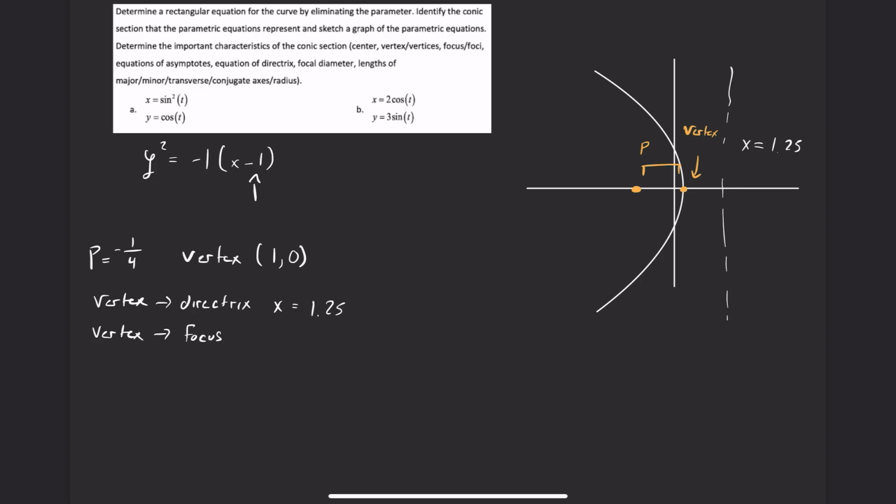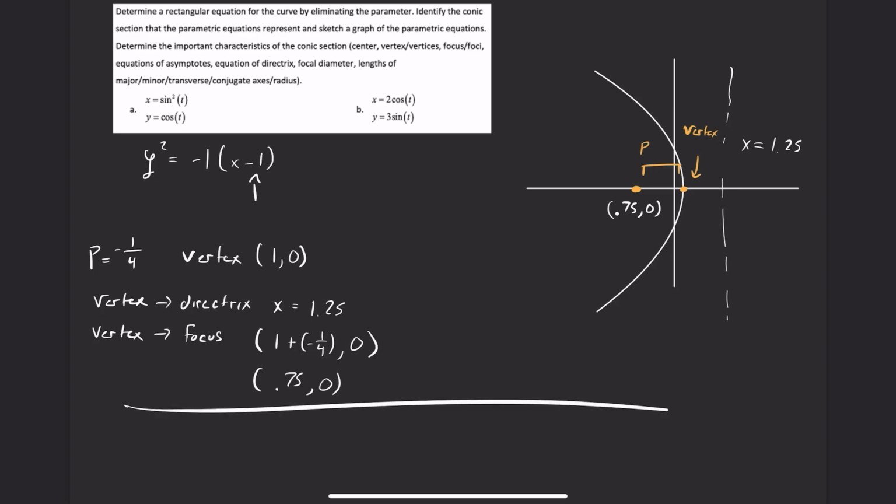So in order to get this, we'll do 1 plus -1/4, 0. 1 plus -1/4 will give us 0.75, 0. So this is 0.75, 0, and that is our focus. And we have found all the characteristics of a parabola.